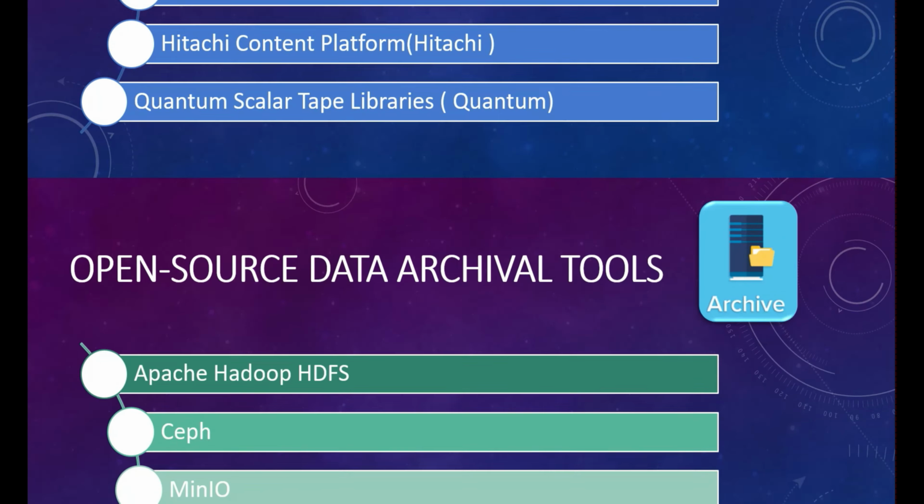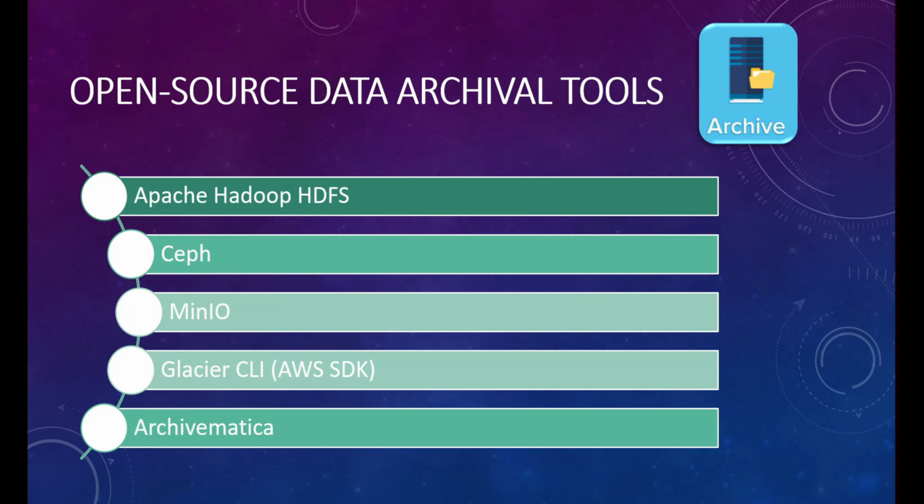However, when it comes to open source, in the case of businesses that require full control over their archival data, on-premise solutions offer security and compliance advantages. In that case, you can choose open source. Open source is for organizations looking for cost-effective and customizable solutions.